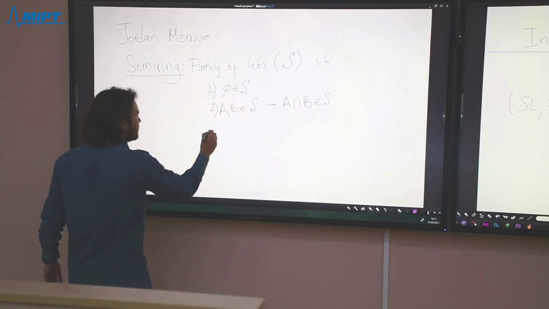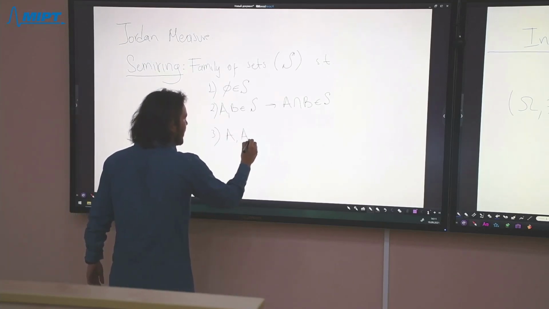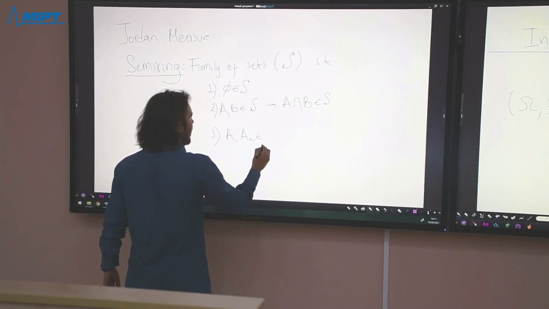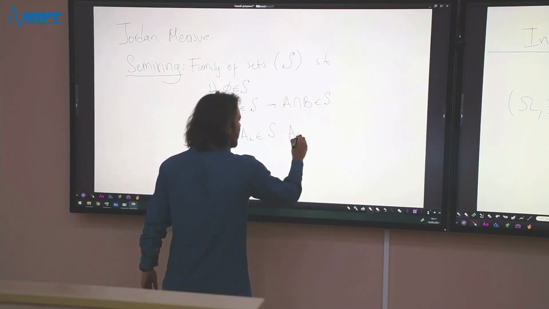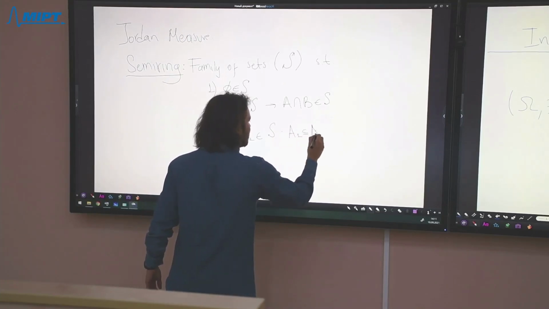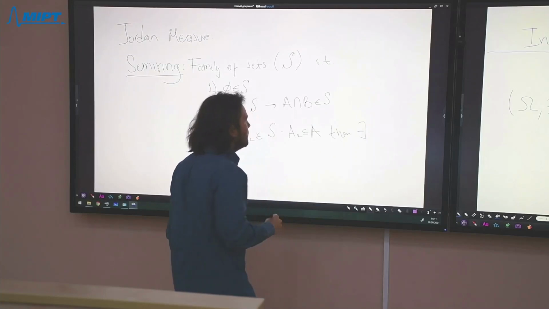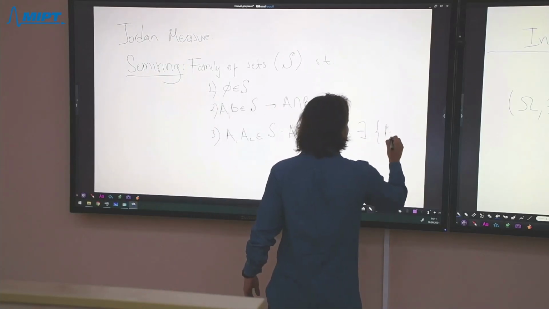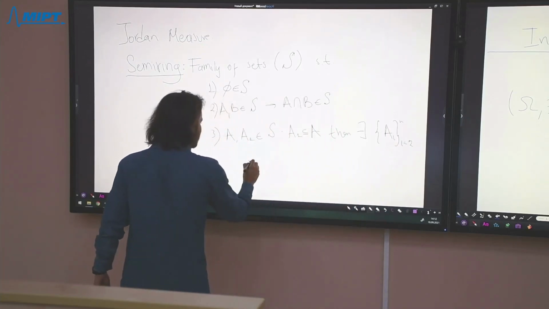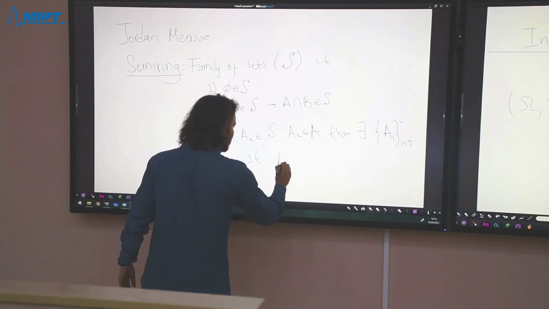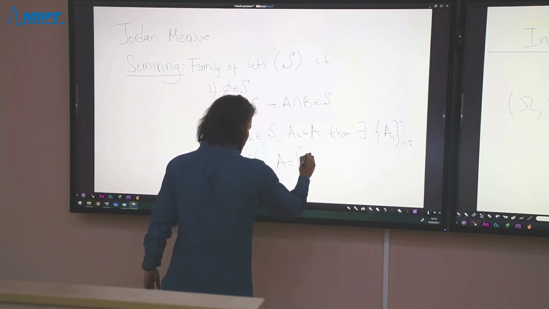And finally, if we have the set A and the set A sub 1, which are elements of S, and such that A sub 1 is a subset of A, then there exists some collection of sets from 2 to n such that A is just the disjoint union of these sets from 1 to n of A_i.